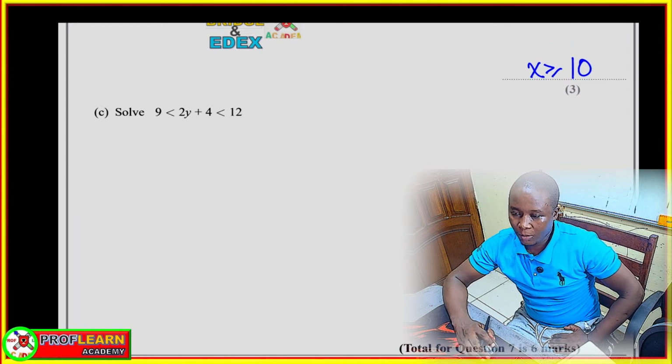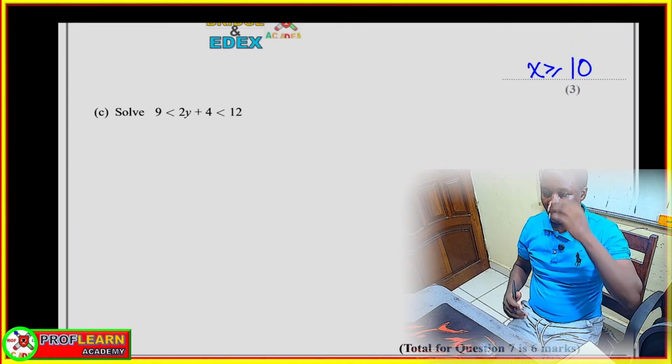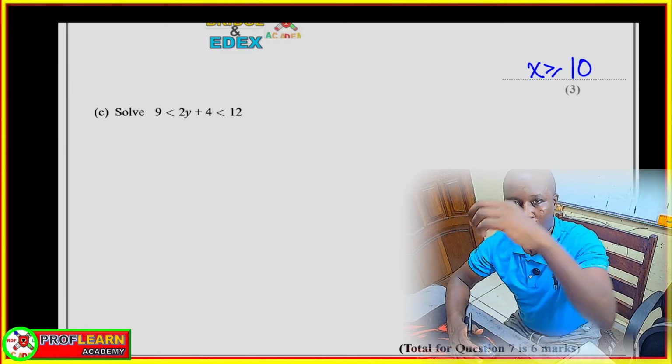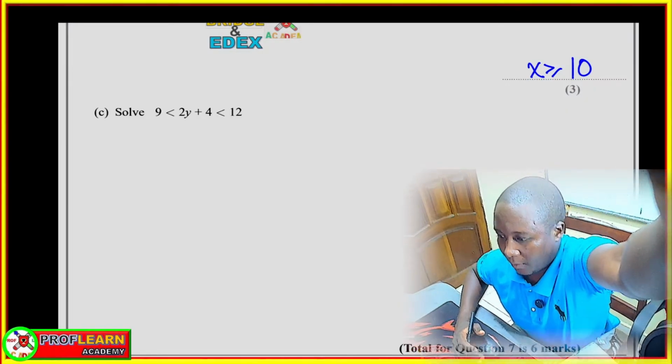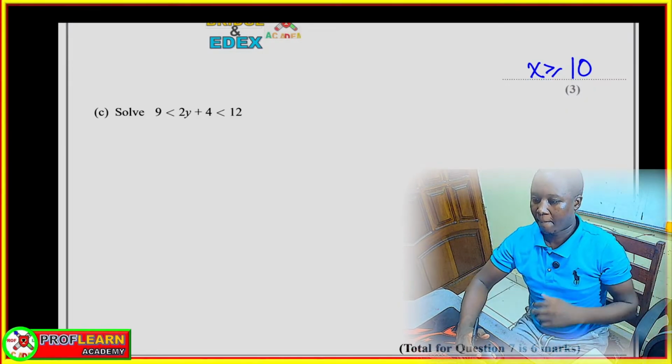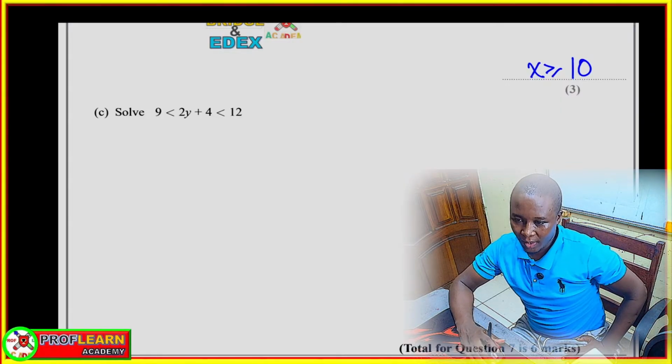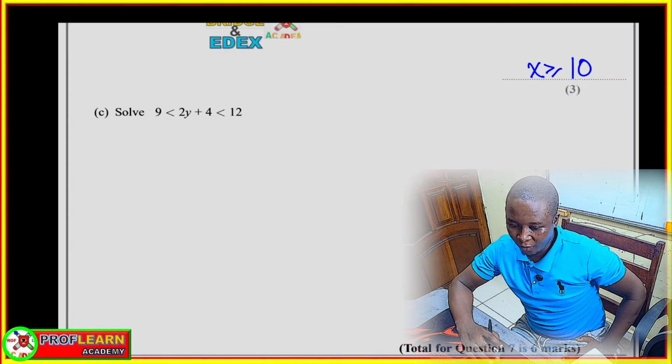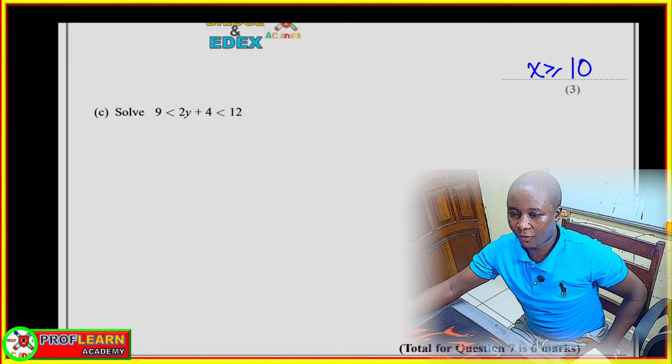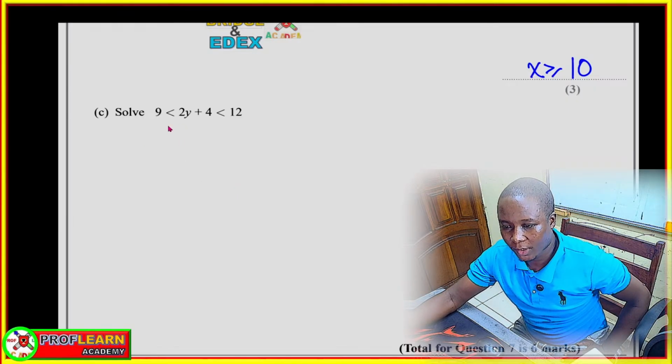Then another possible question that can be asked is whereby you are supposed to work out what we call compound inequalities. Now for you to work out such a question, you are going to work out each of them separately.